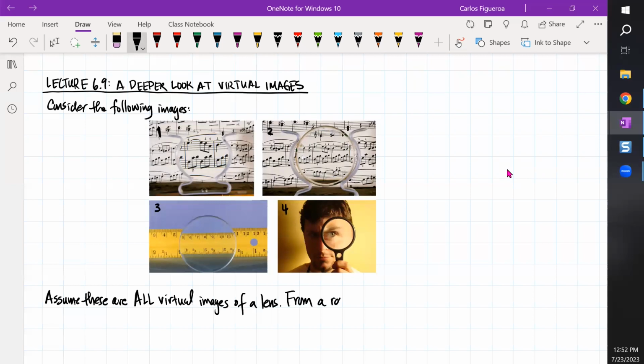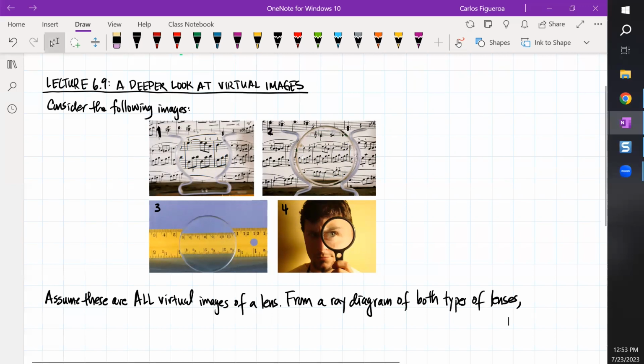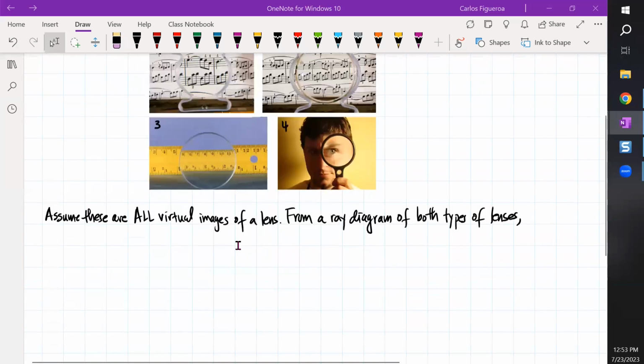From a ray diagram of both lenses, we have 2 possibilities. We could have a converging lens or a diverging lens. So let's go look at that.